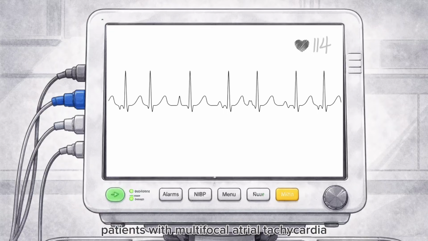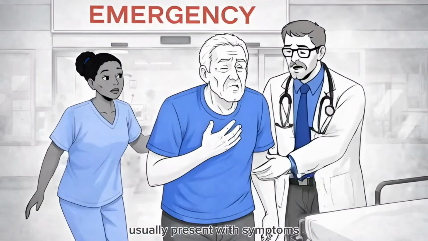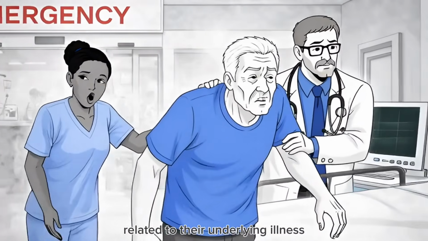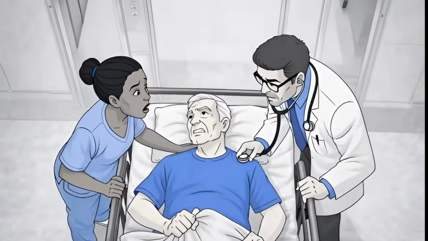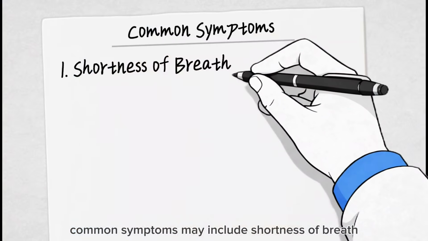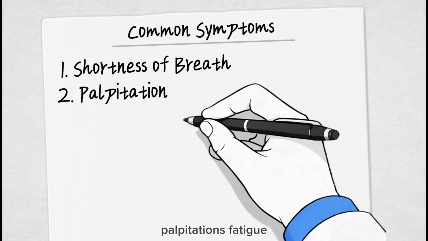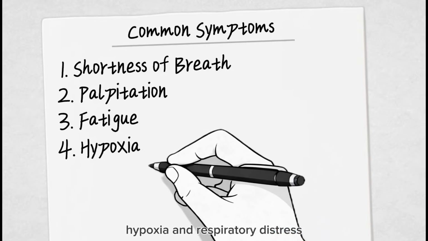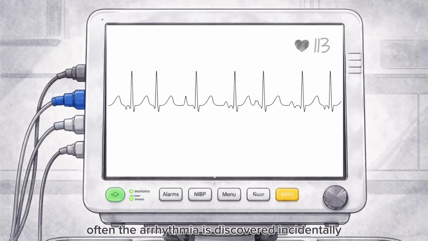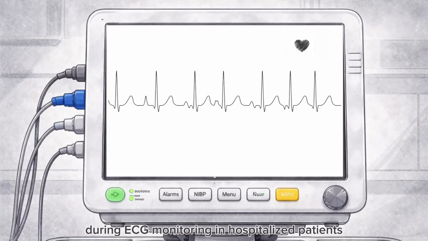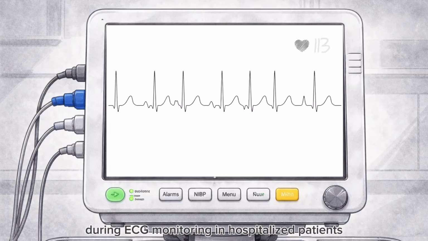Patients with multifocal atrial tachycardia usually present with symptoms related to their underlying illness, rather than the arrhythmia itself. Common symptoms may include shortness of breath, palpitations, fatigue, hypoxia, and respiratory distress. Often the arrhythmia is discovered incidentally during ECG monitoring in hospitalized patients.